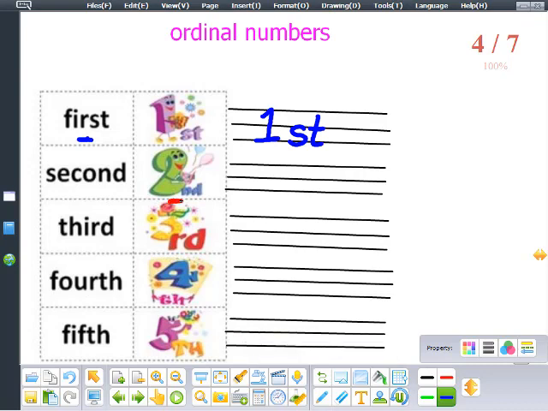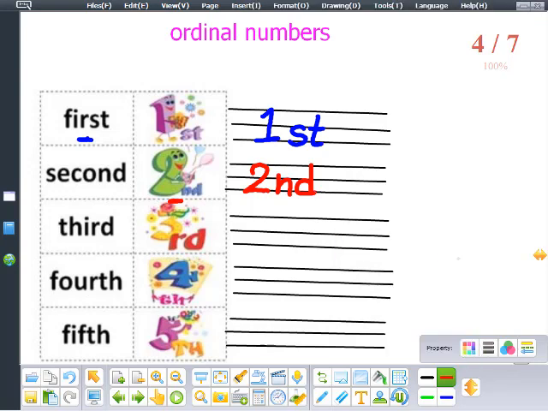How can we make second? We write number 2 and ND. So we say it's second. Well done.